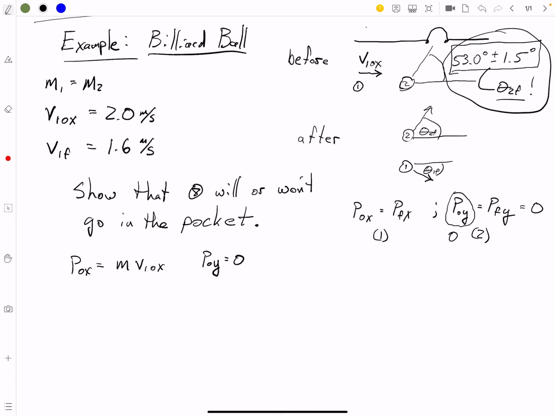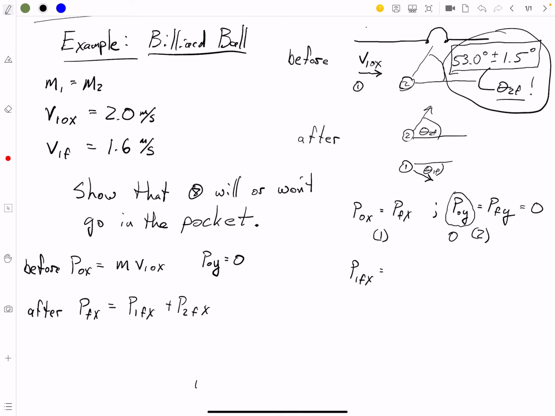Okay. After the collision, so this is before, after, and you can tell when we're doing before and after because we're putting a little f there. So P final x, we want to say that equals P1 final x plus P2 final x. And that's fine, but what is P1 final x and P2 final x? So let's come over here to our little work area.